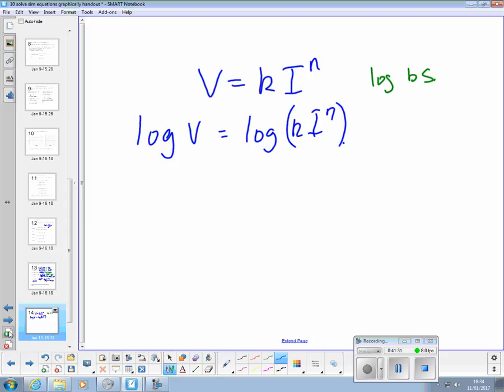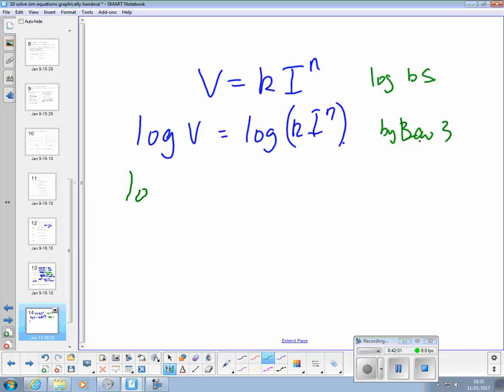Now, this is two numbers multiplied together. k is a number and i to the n is a number. So, the two numbers multiplied together, we can split them by law 3 on the right hand side.